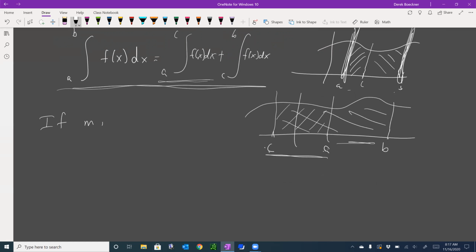If m is less than or equal to the min of f of x for a less than or equal to x less than or equal to b.